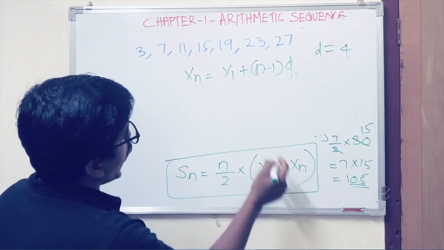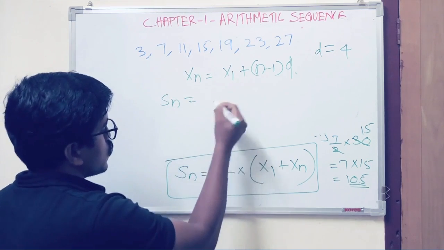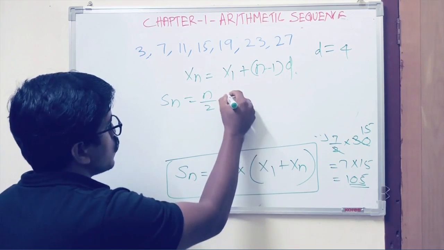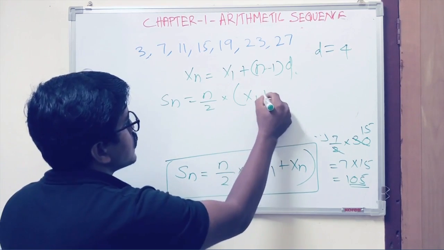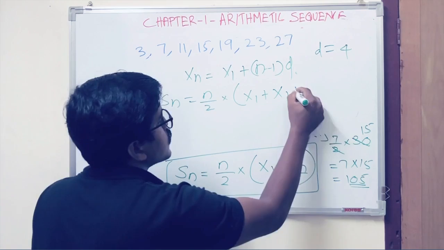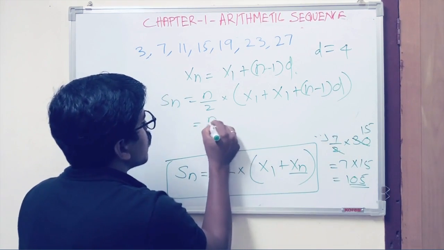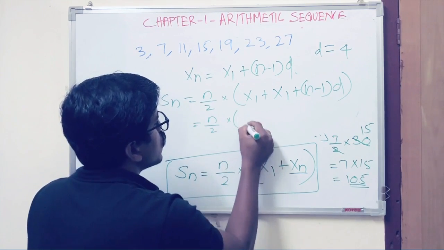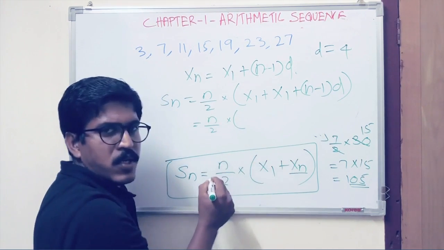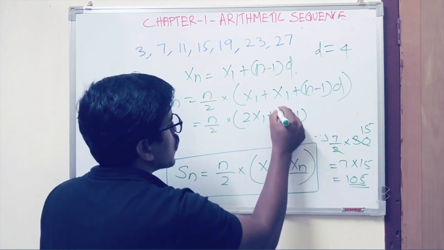We can just put xn here, that is Sn is equal to n by 2 into (x1 plus xn), and instead of xn we can put x1 plus (n minus 1) into d, that is n by 2 into (2x1 plus (n minus 1) into d).